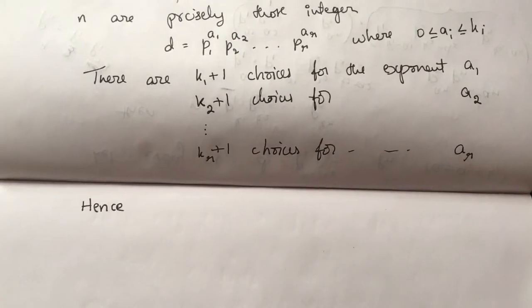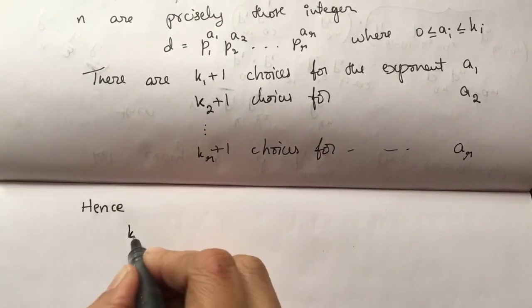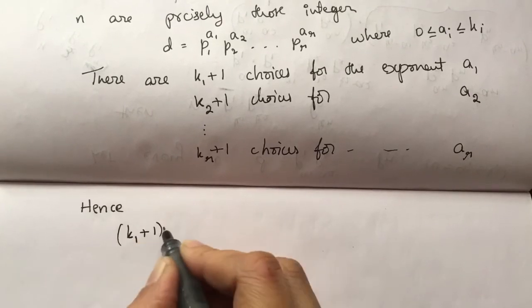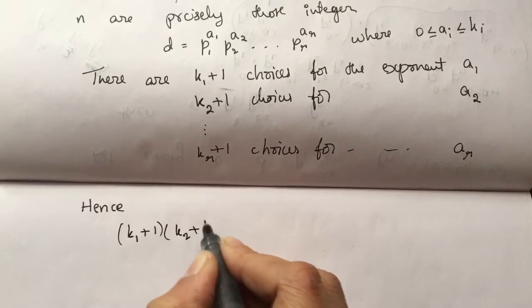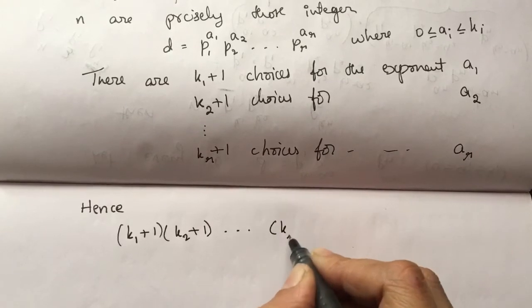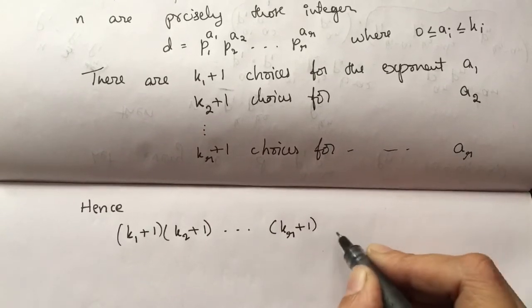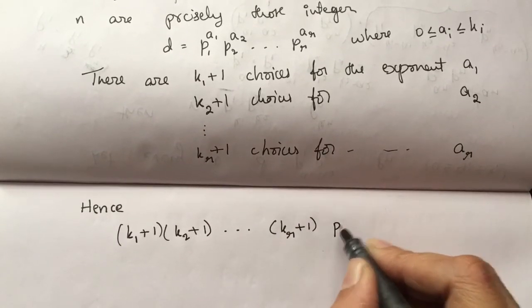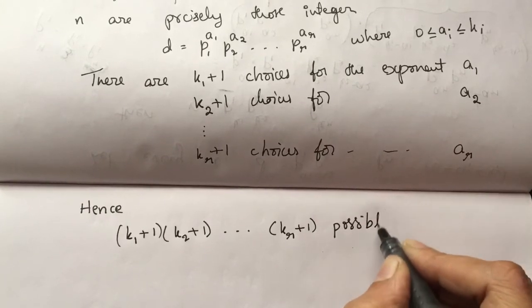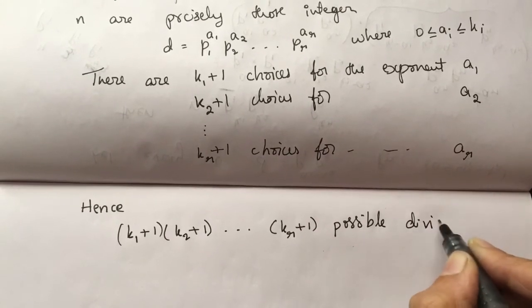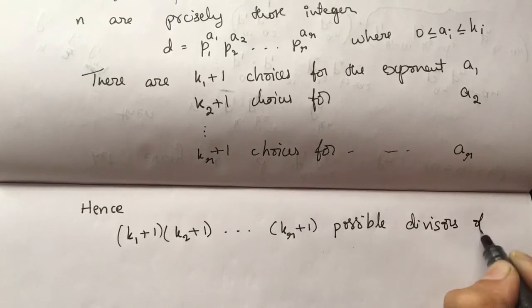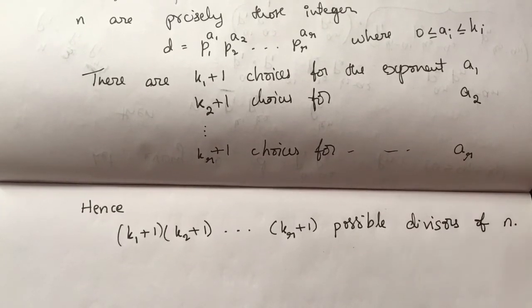Hence, (k1 plus 1) into (k2 plus 1) up to (kr plus 1) possible divisors of n.